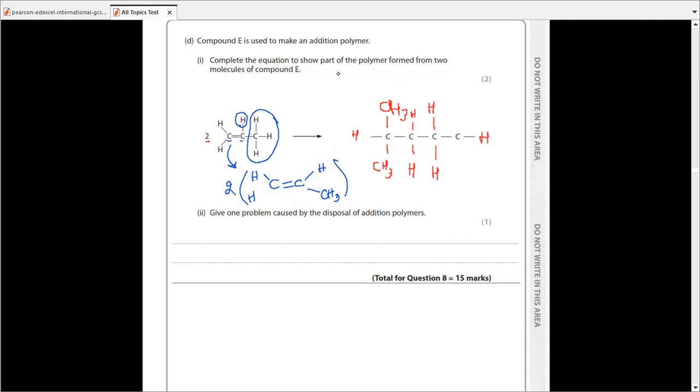Right? Okay. Let me redraw this, because this thing is not correct. I'm going to erase it and rewrite it like this. And let's use a different color. So 1 hydrogen and 1 hydrogen for the first carbon, and 1 hydrogen but 1 methyl for the second one.